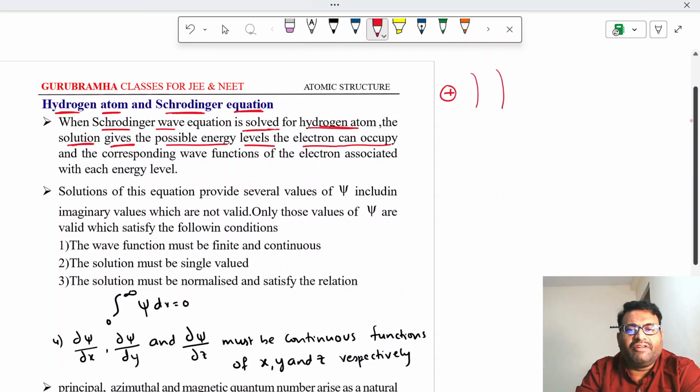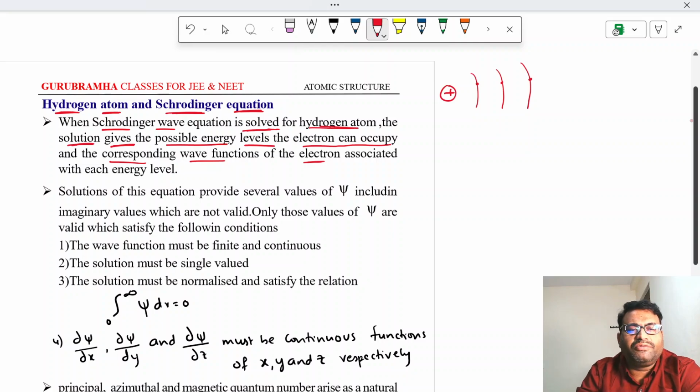These are energy levels, not orbits. The solution also gives the corresponding wave function of the electron.